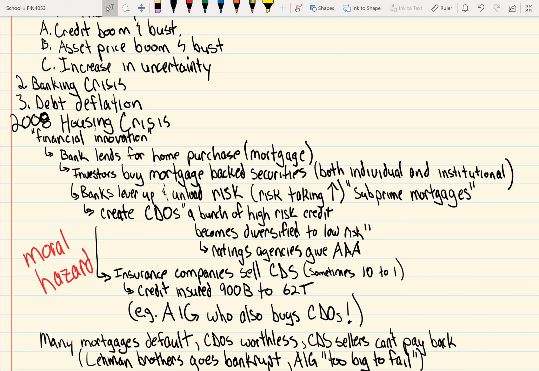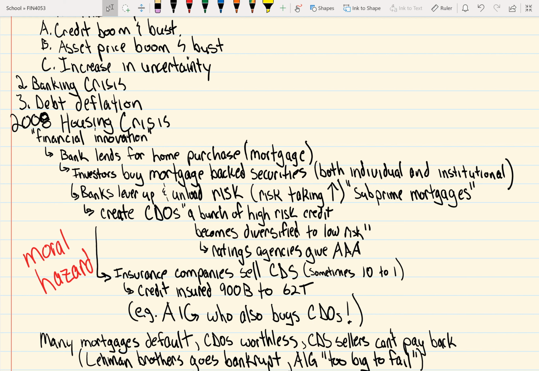And of course, they ended up issuing so many of these that if they all failed, it would be orders of magnitude more than what their assets were worth. So they literally could not pay out all of these insurance claims on the CDOs if they all failed. And during that time, the credit insured went from $900 billion, which is 0.9 trillion, to $62 trillion, which is of course huge.